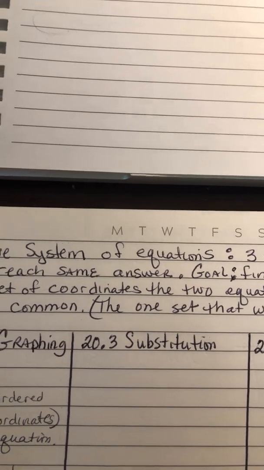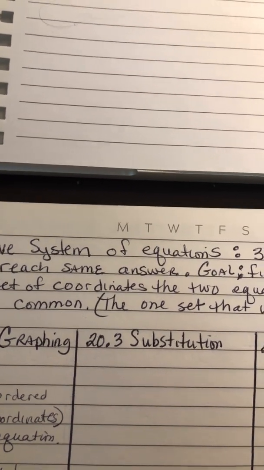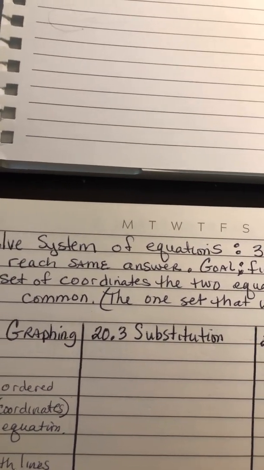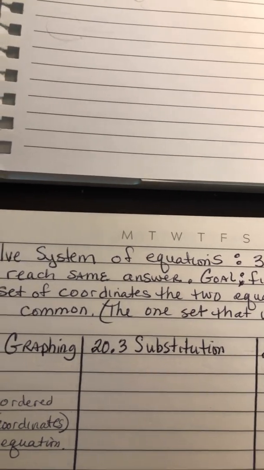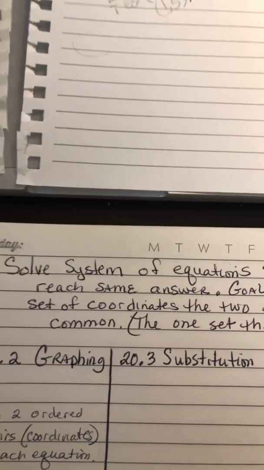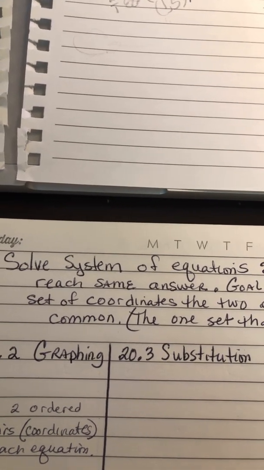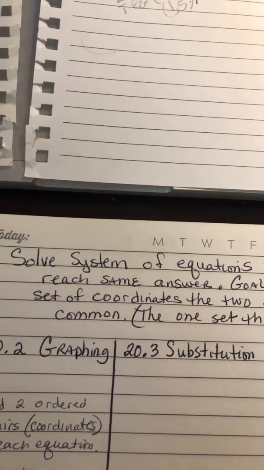Instead of just drawing one line on a graph, you will draw two lines, and the goal of this is to find out where these two lines cross. And when you find that spot where they cross, you have found the solution to the system.